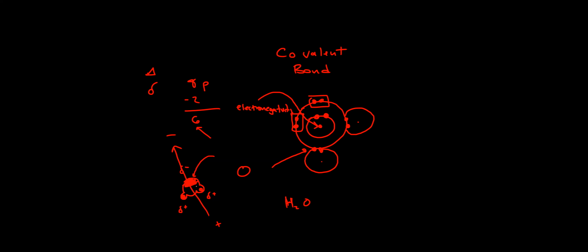And so this kind of bond is called a polar covalent bond. In contrast, if these were 2 hydrogen nuclei sharing a pair of electrons perfectly evenly, this would be a nonpolar covalent bond because those electrons are being shared perfectly evenly between the 2 nuclei.